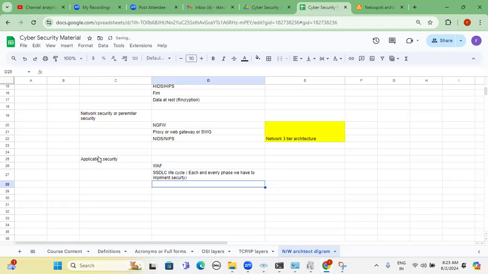The same concept is applicable to product security. A product has additionally infrastructure or raw material. In a similar way, this concept is applicable to mobile security.